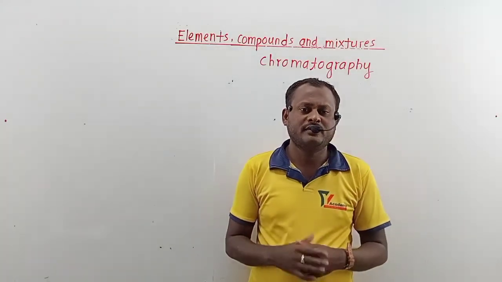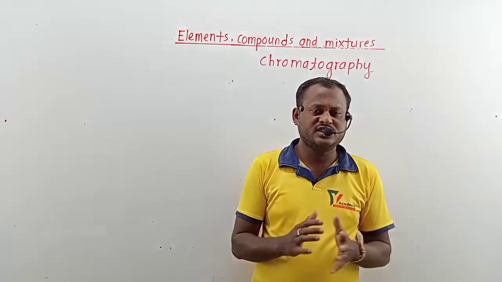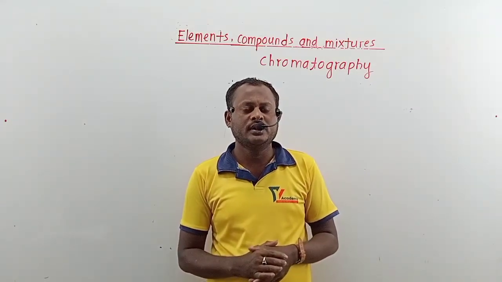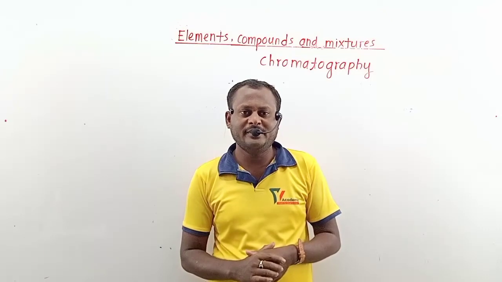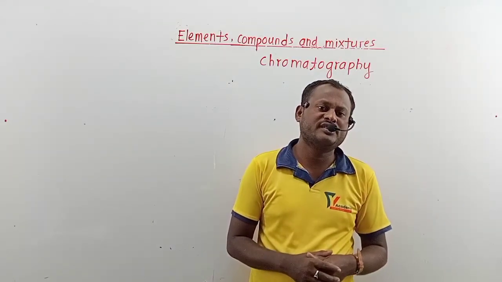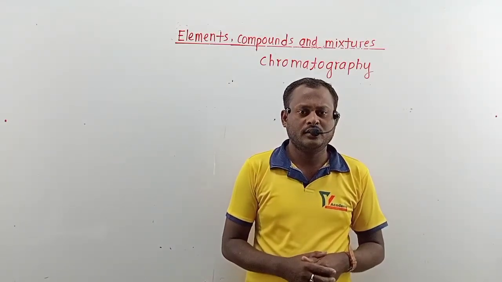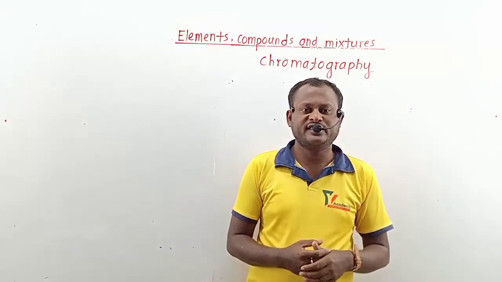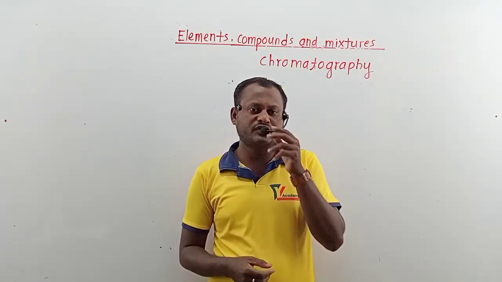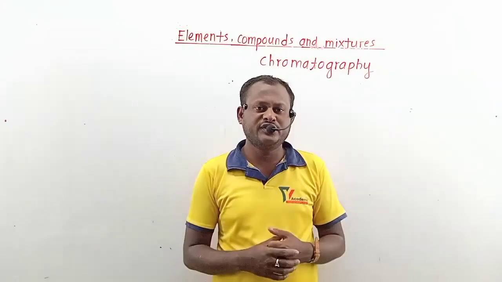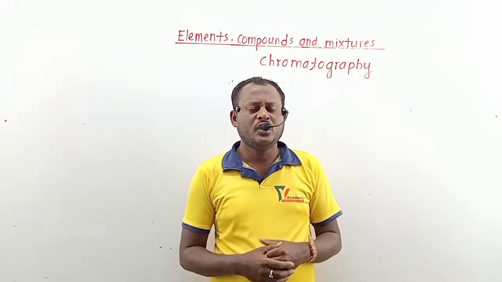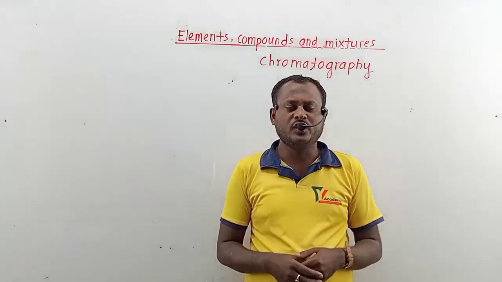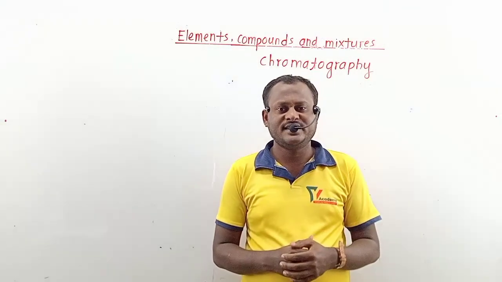In the starting lectures of the topic, we discussed different elements and their symbols, and then compounds, different types of compounds, chemical formulas of compounds, and what is meant by a compound. Hope you understand all these things.